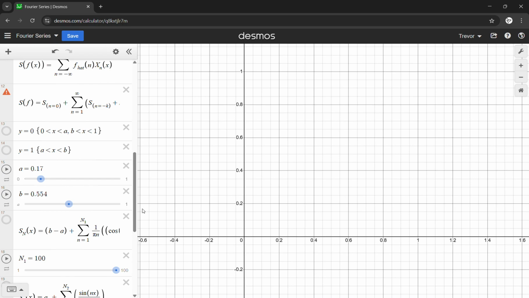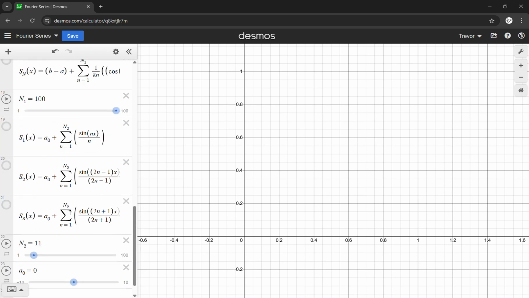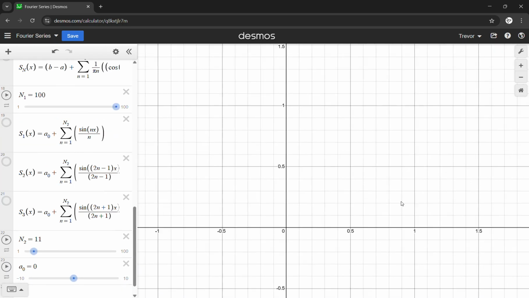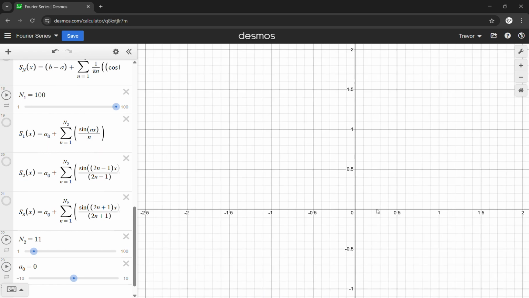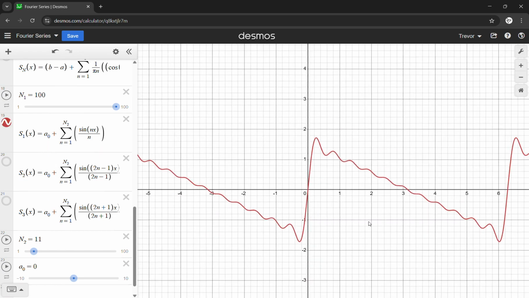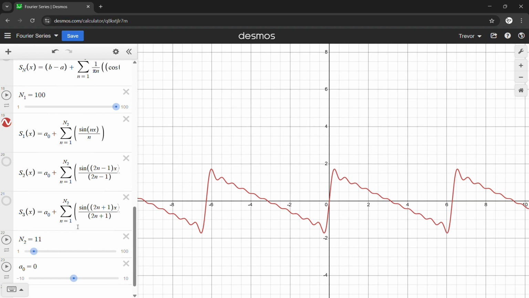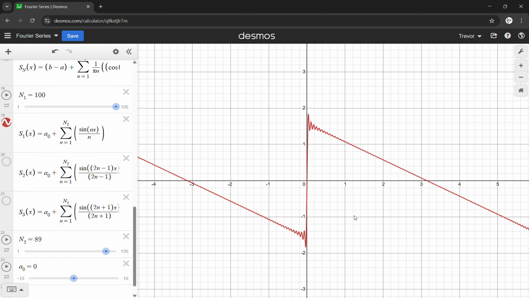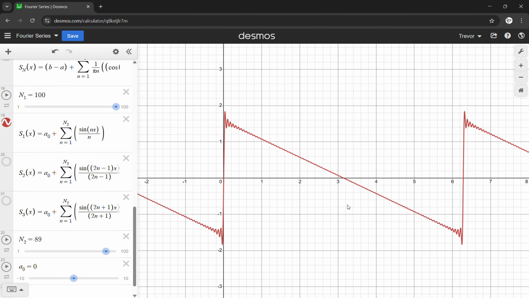Whenever I was playing around with this earlier, I came up with a few more examples. This is an example, kind of got like triangles, and this is a really good example of how you can see the shape of it. Fourier series always have a particular shape that I really like.